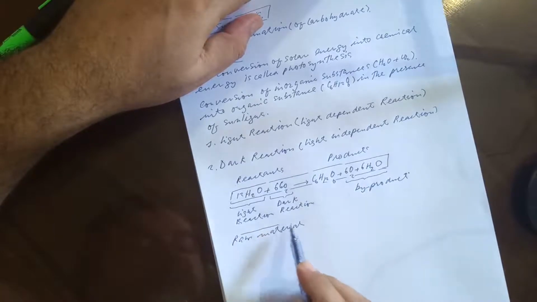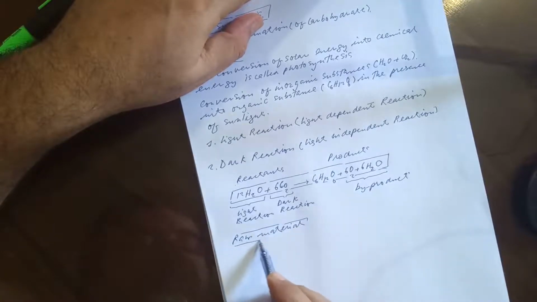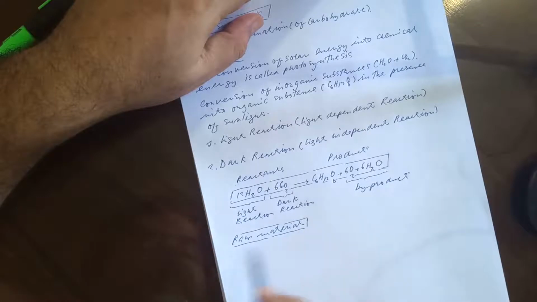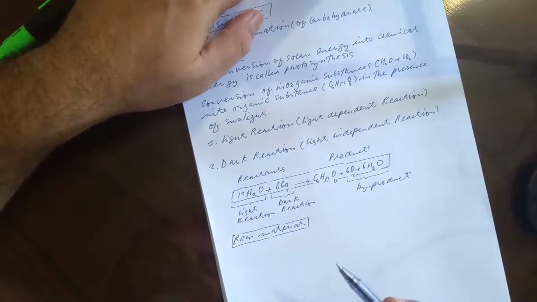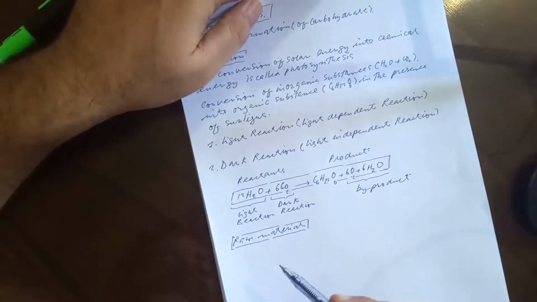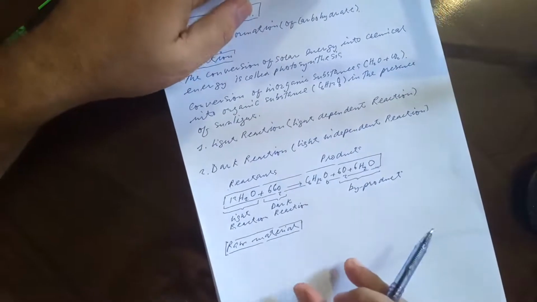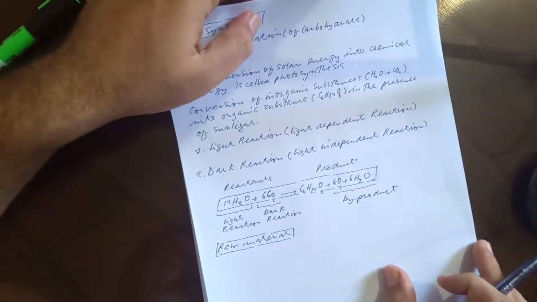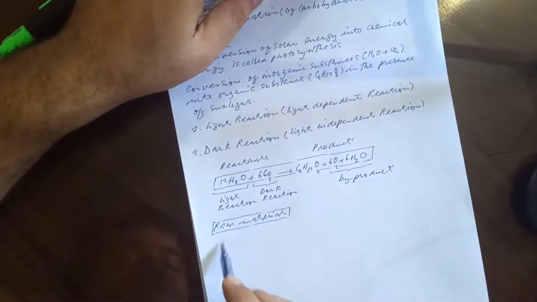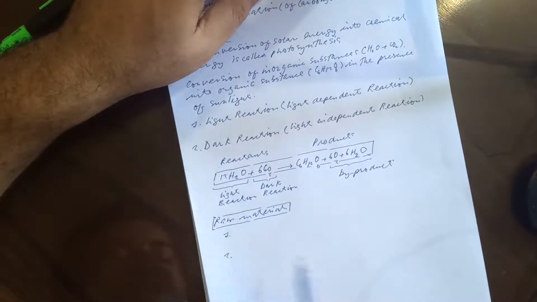These two will be called raw material. So what's raw material? Raw material is something that you have before you go for a reaction. There are 2 things that you use as a raw material.